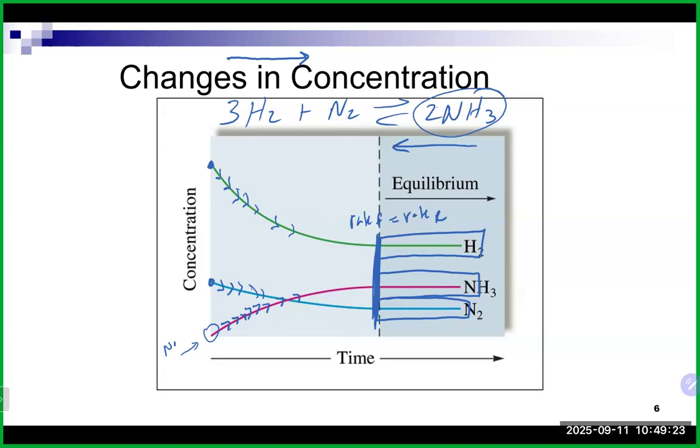For example, water in the liquid state has a concentration high enough that it really doesn't change through the reaction. So even though it's in the equation, it's really not participating in the equilibrium. You can definitely have different phases in a reaction, and not all of them participate in the equilibrium. Other questions?